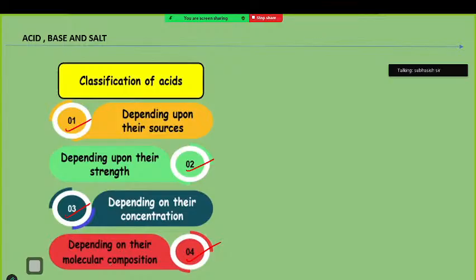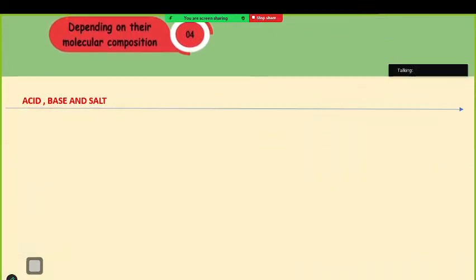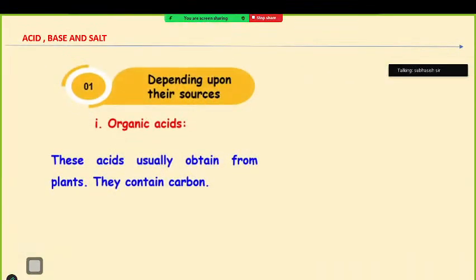So in case of classification of acids, first of all, we classify the acid on the basis of their sources. On the basis of their sources, there are 2 types of acids. One is known as organic acids.